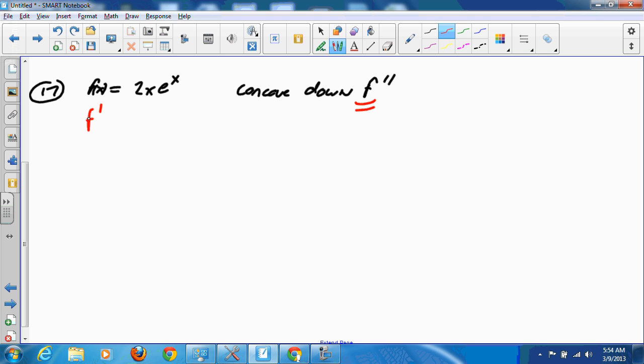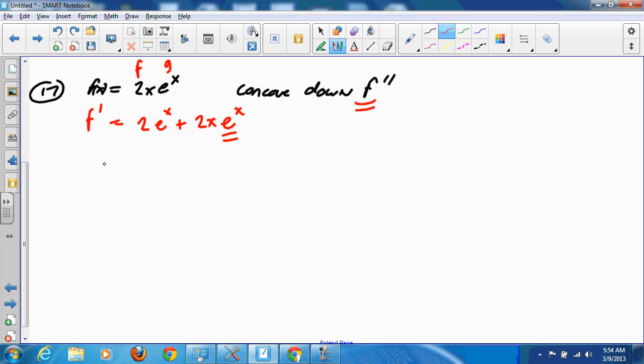So the first time we take the derivative, remember this is a product rule again, f and g. So we have 2 times e to the x plus 2x e to the x. Remember the derivative of e to the x is e to the x. Derivative of 2x is 2 right here.